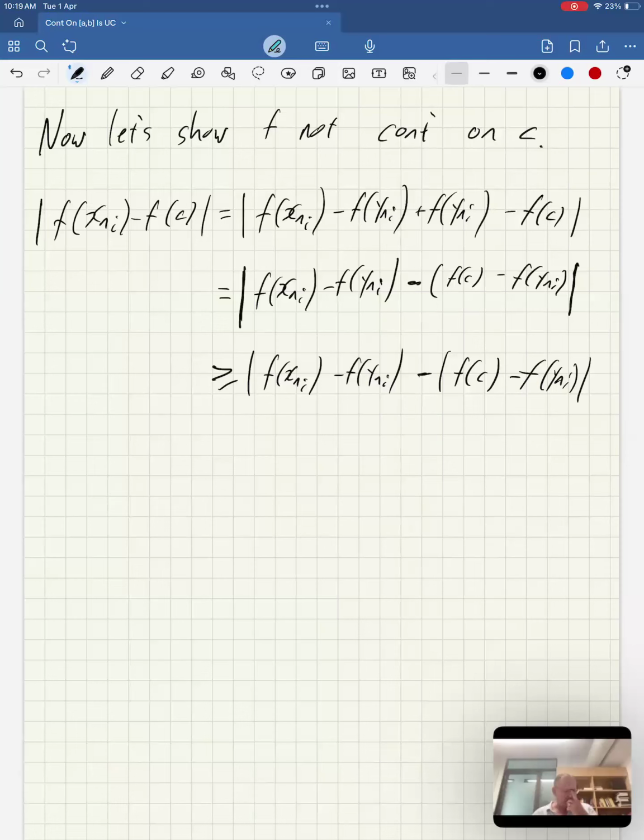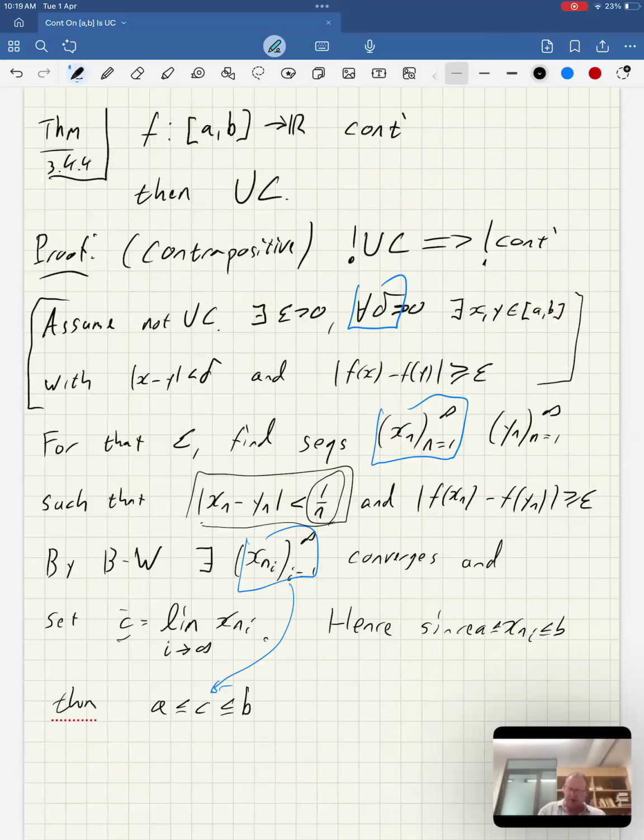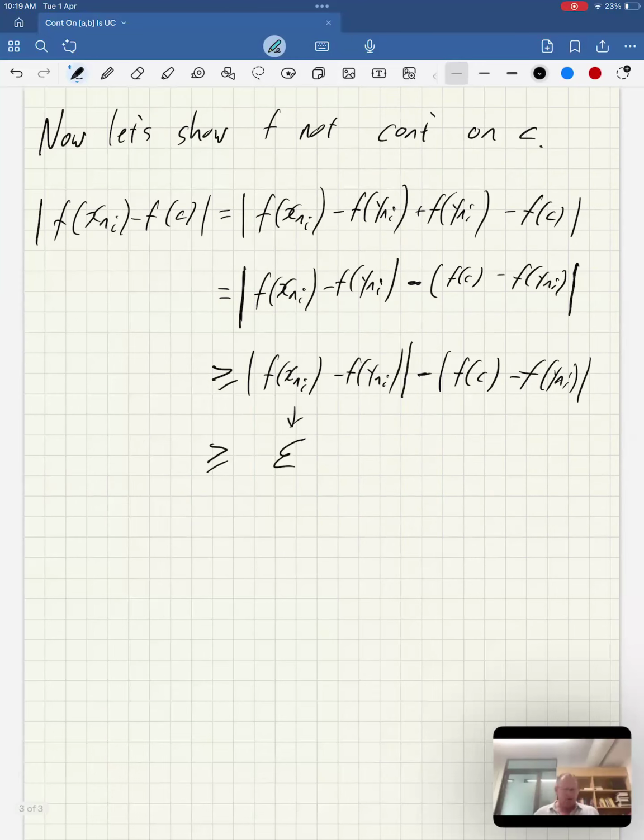Okay, so this was the reverse triangle inequality. And the first term is greater or equal than epsilon, because this was an assumption about x and y, right? So those x and y are separated by at least epsilon, we have non-uniform continuity. Minus, and we can just rewrite the order inside the absolute value for convenience, the absolute value of f(y_n_i) minus f(c).